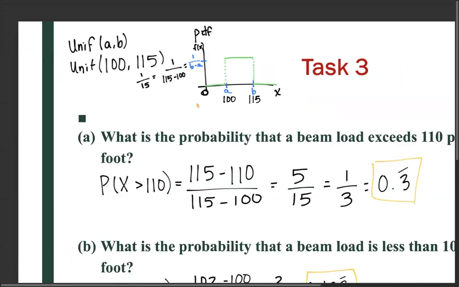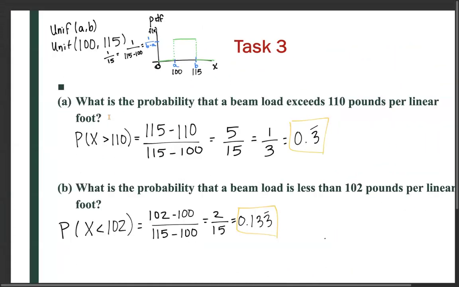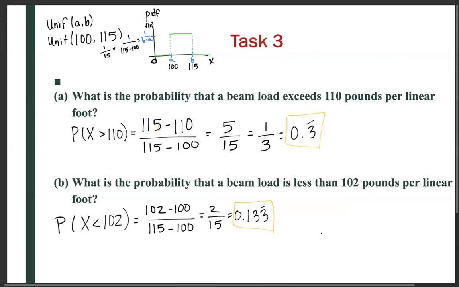Okay, so going back to part A. What is the probability that a beam load exceeds 110 pounds per linear foot? We want the probability that X is greater than 110. So here we would do 115 minus 110, divided by 115 minus 100. This is our A and this is our B. When you simplify that, you get 0.3 repeating.